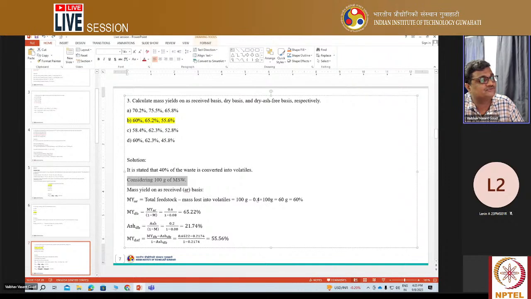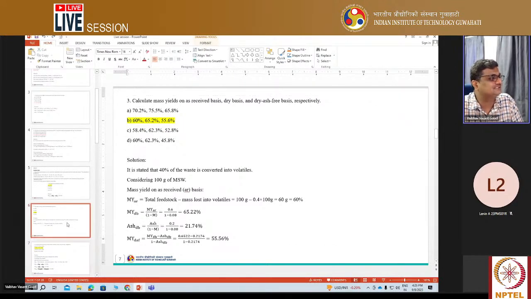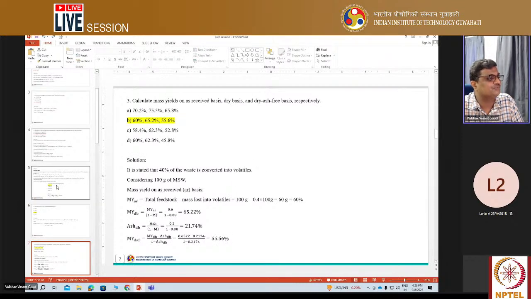So 100 minus 40 is equal to 60 gram, that is 60%. Similarly, once you know mass yield on as received basis and moisture content, the remaining things we can easily calculate. And ash is given in the example. Once we know these two terms, you can easily calculate the mass yield on the dry ash free basis, and that comes up to around 55.56. So the answer to this example is 60%, 65.2% and 55.6%. Likewise, these things are calculated very elaborately in this way.